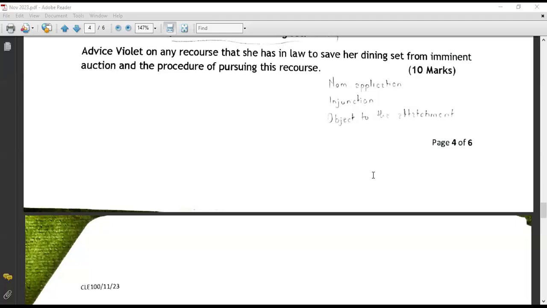An example is Sarah Abros Achieng, care of Bodo Rafiki Hardware versus Dennis Ambrose Achieng and another, EKR.